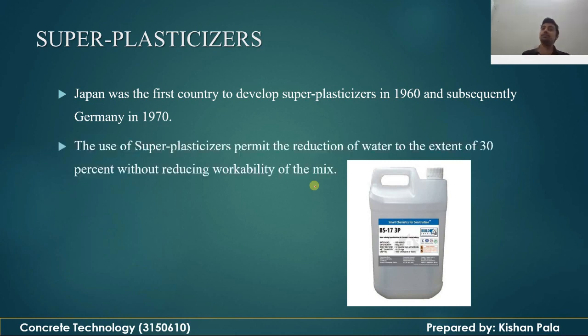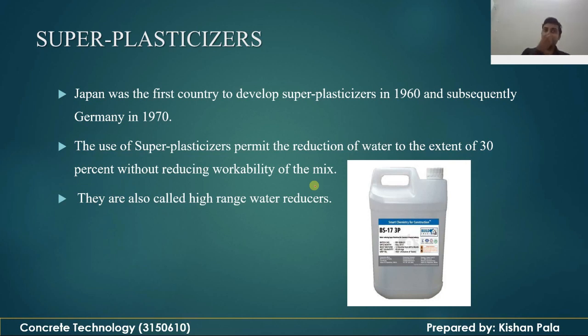The use of the super plasticizer permits the reduction of the water to extend up to 30% without reduction of the workability of the mix. And you can get higher workability compared to the plasticizer.